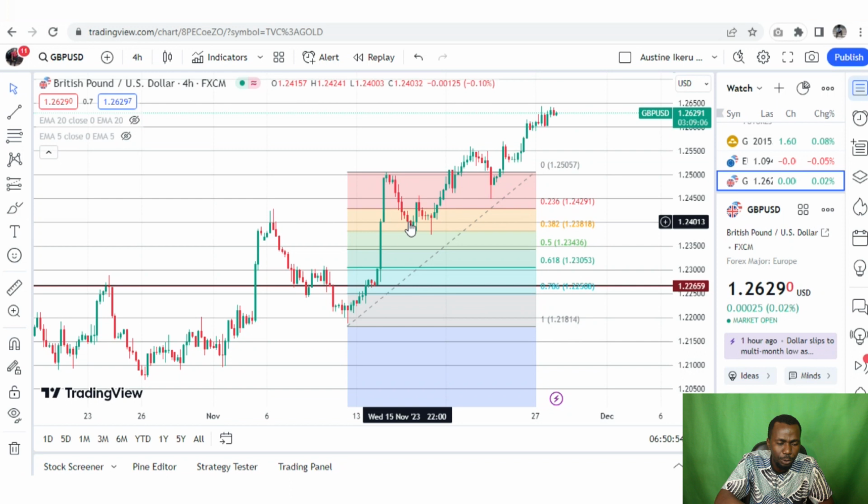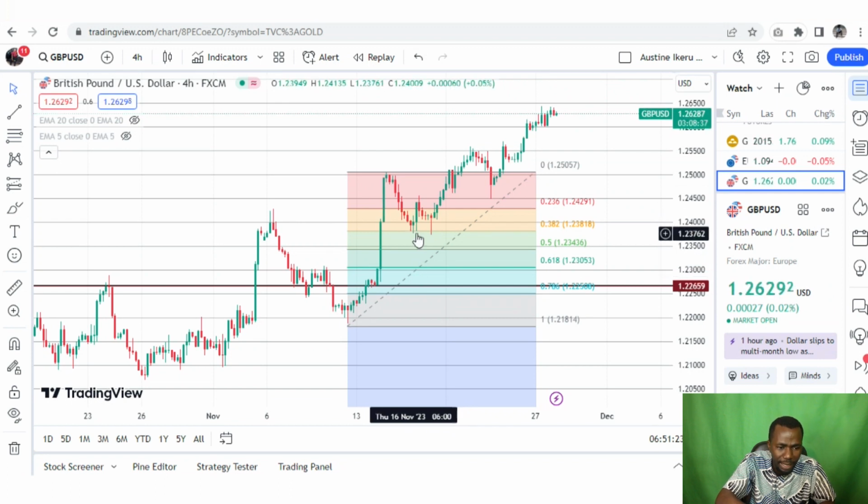Once you see the price making this move, what you need to do is simply go to the lower time frame, because you have already confirmed that the price could not break below this 0.382 Fibonacci ratio, and that the price could not go any further.